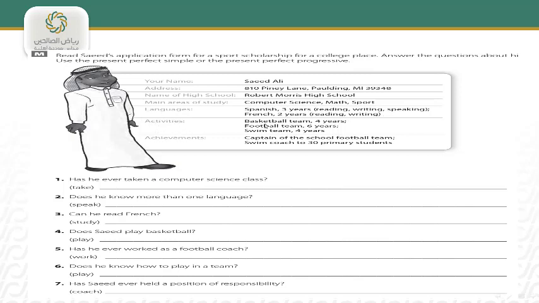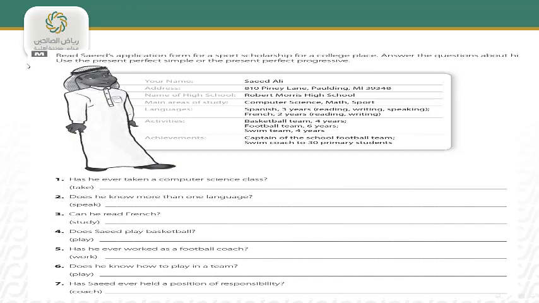Activities: basketball team, 4 years; football team, 6 years; swim team, 4 years. Said's achievements: captain of the school football team, swim coach for 30 primary students.